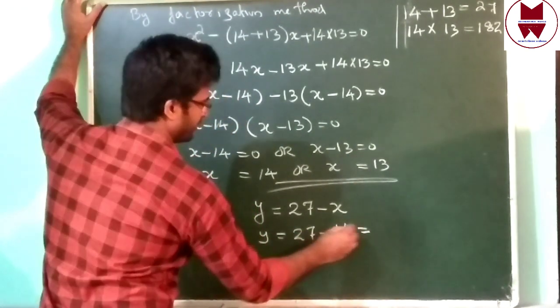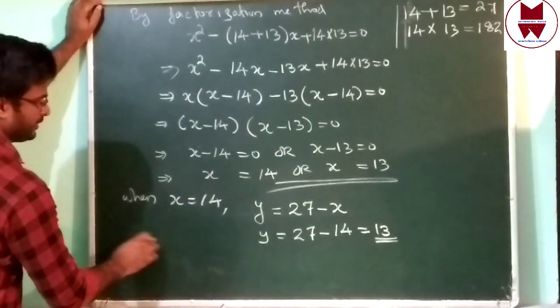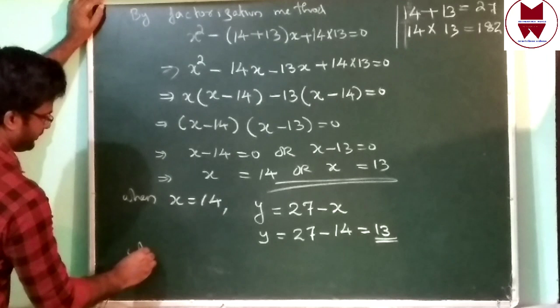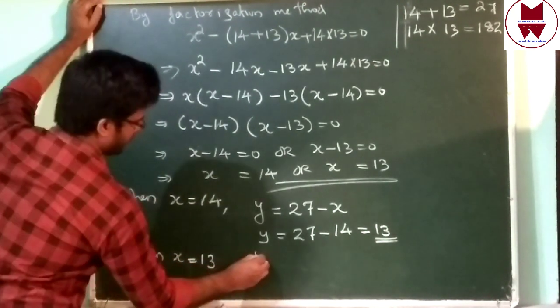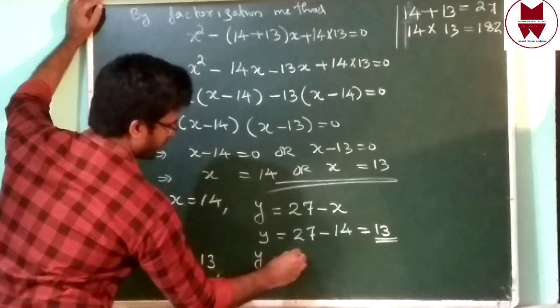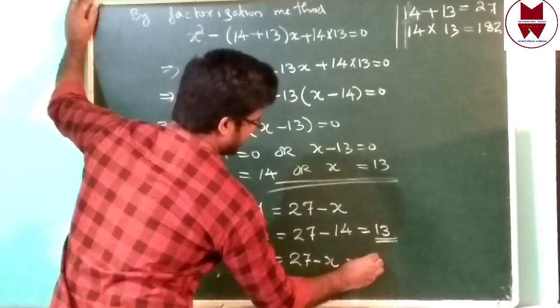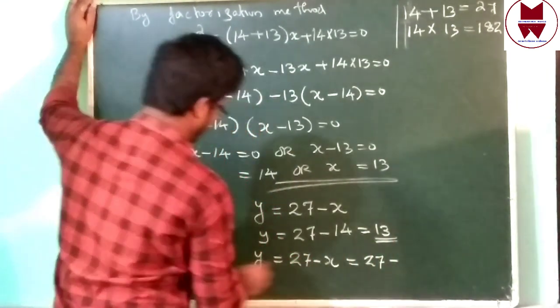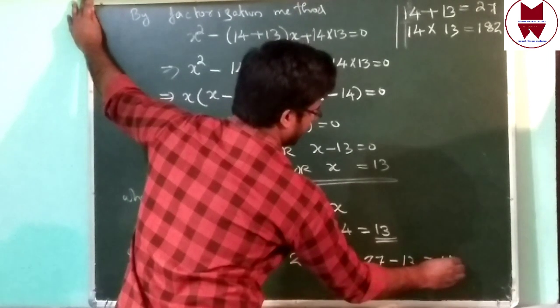That time 27 minus 14, 13. Next, when x equal to 13, y equal to, use the same formula, 27 minus x equal to 27 minus 13, x is 13. Answer 14.